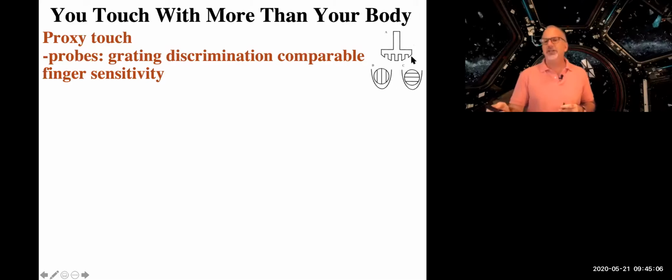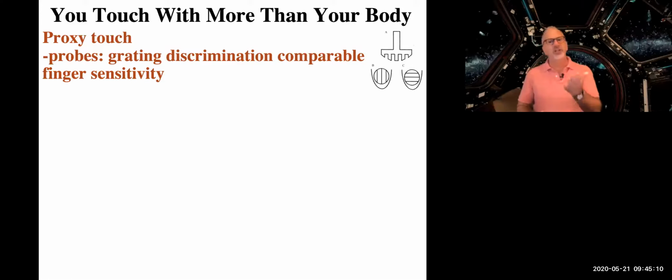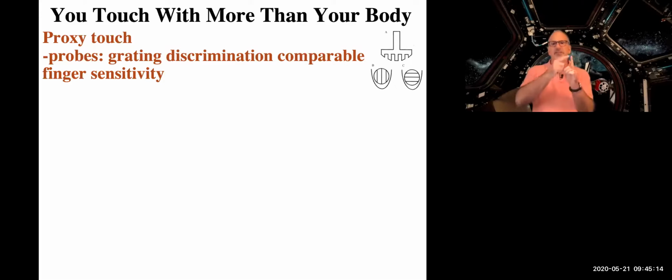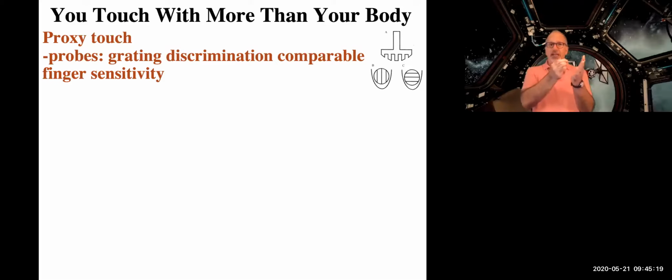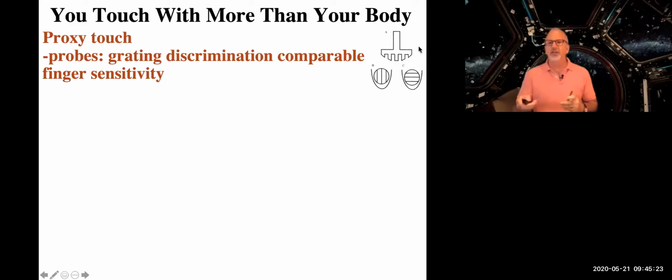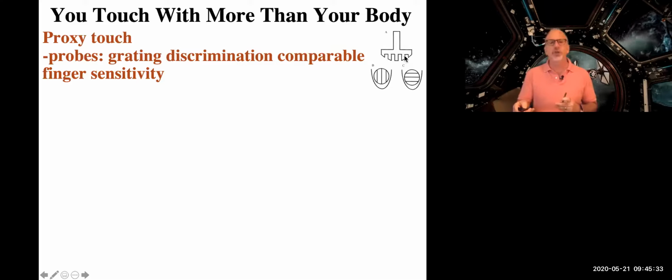And the question is, what do you think people would be more sensitive with when judging these grating lines? Would it be something that we could feel better through our fingers or better through the probe? Imagine the shallowness of this grating. Right now it looks like a pretty deep grating, but it can be made very shallow. So it would be more challenging to know whether the lines go in one direction or another.